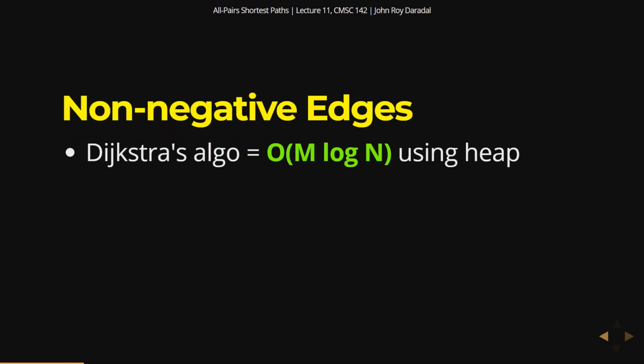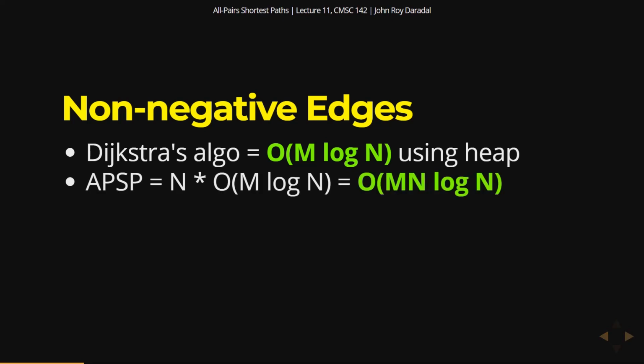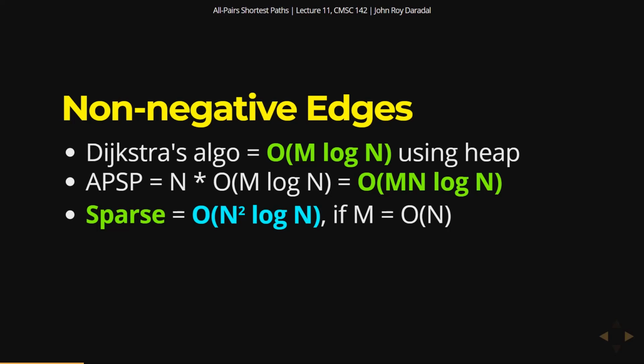Okay? So, if we have non-negative edges, that means that Dijkstra's algorithm, which could be run in O of m log n using the heap data structure, if you run that n times, then n times O of m log n would be mn log n, right? Now, let's check if the graph is sparse or dense. If the graph is sparse, meaning that the number of edges m is just O of n, so it's close to the number of vertices, then if you plug in n as the value of m, mn log n will become n squared log n.